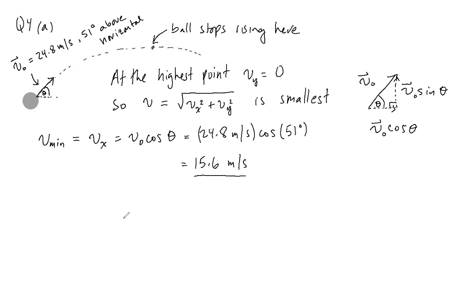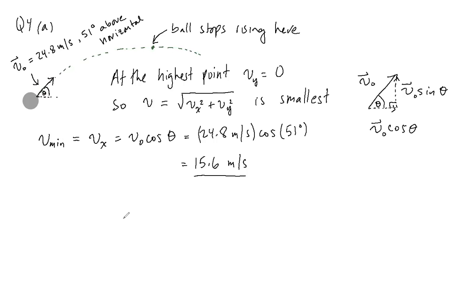And let's look at part B. So for part B, they ask, find the horizontal distance that the ball travels before reaching the goal.